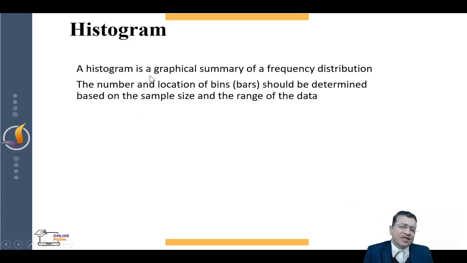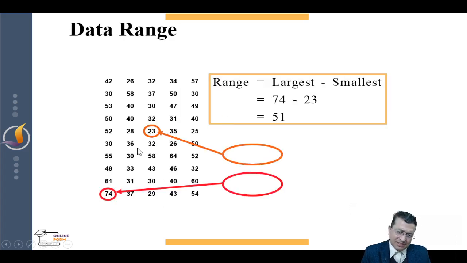So for example, this histogram is a graphical summary of a frequency distribution. I hope you still remember we had converted raw data into a frequency distribution table. So the histogram is nothing but the graphical representation of the frequency distribution. The number and location of bins should be determined based on the sample size and the range of the data. For example, in this data the range, the largest value minus the smallest value, is 51.